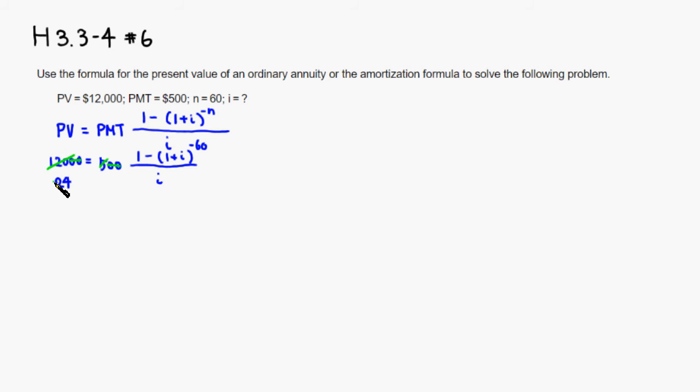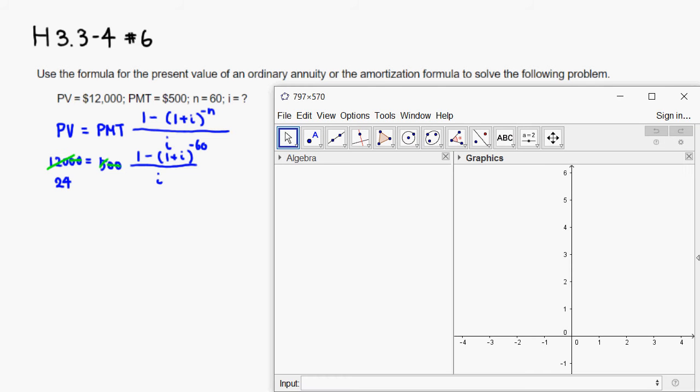All right. Then what we're going to do is this. I'm going to use GeoGebra, right? So the left hand side is 24, so I'm going to just put y equals 24, right? So that's going to be just a horizontal line there. So I'm going to just bring it down so that we can see 24. You can see the black line, that's 24 right there.